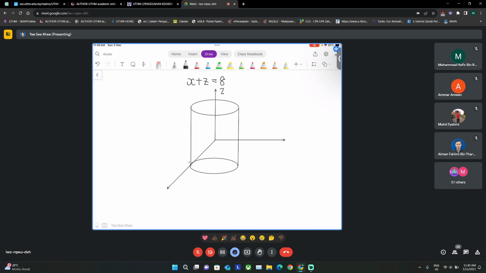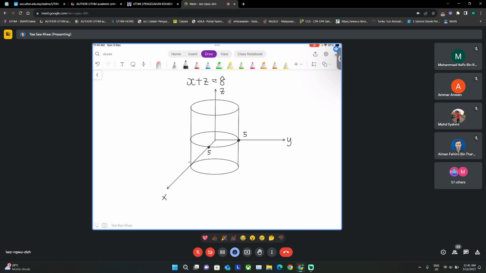Then this is the z, this is the y, and this is the x. Okay, so you can see the things. This cylinder has a radius of 5.